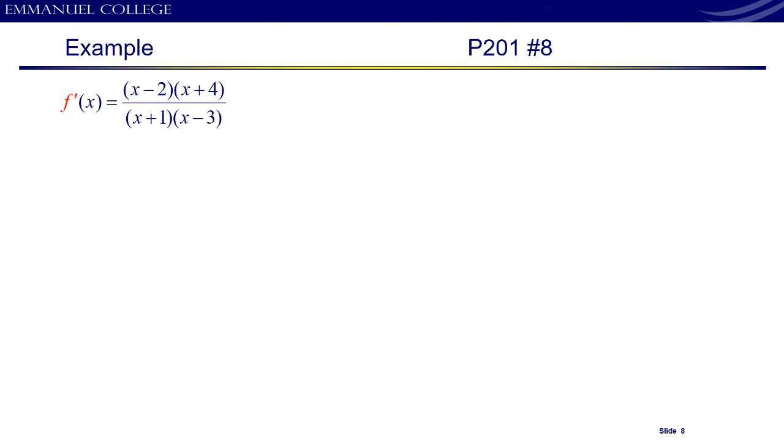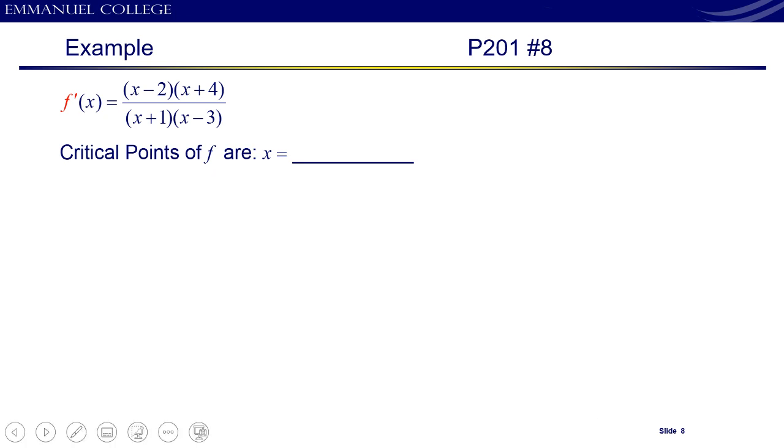This is always an interesting example. So notice this is the derivative of the function. You don't have what the original function is. But first we need to identify what are your critical points. Remember, critical points are where the function's derivative is equal to 0 or undefined.